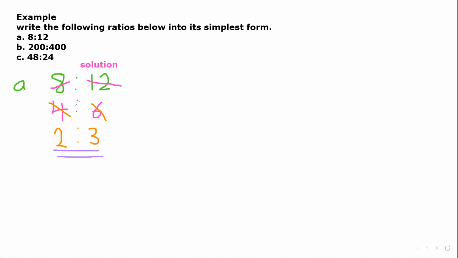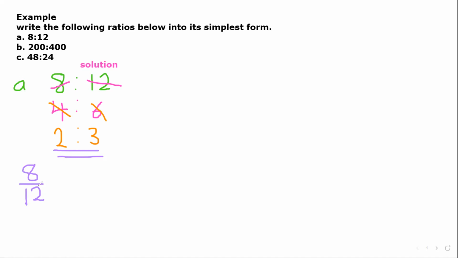If you don't want to use this approach to do the cancellation, we said ratio can always be written in what? In a fraction form. So you can write it in a fraction form like 8 over 12, okay? When you have 8 to 12, this is how you write it in a fraction form.